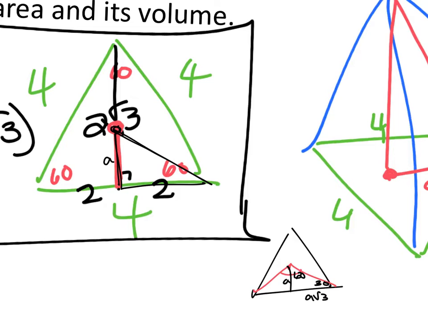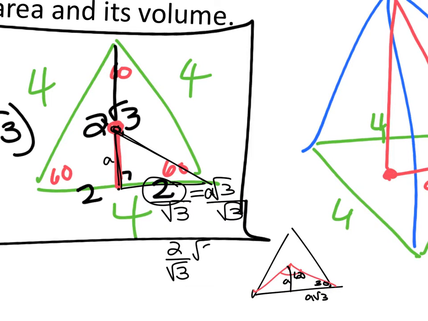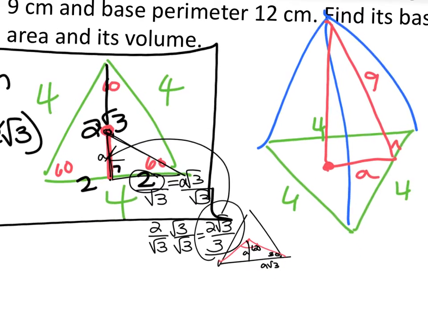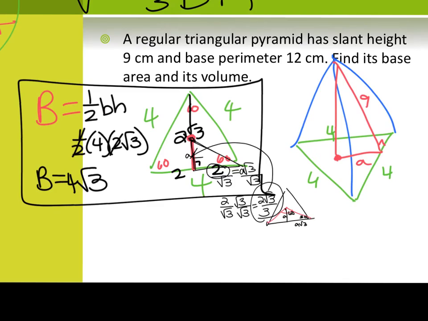This would have been A. So if 2 equals A root 3, then this is my apothem. Okay, so I just worked that whole time to find the apothem, right? Which is here.